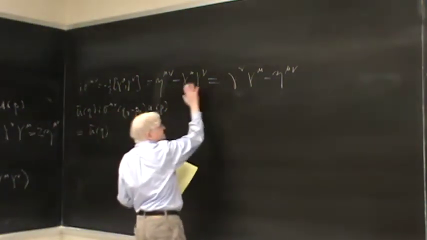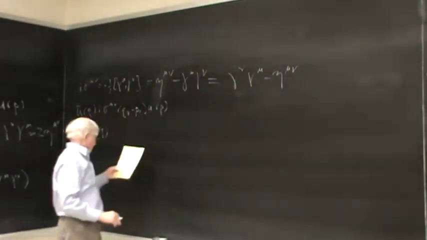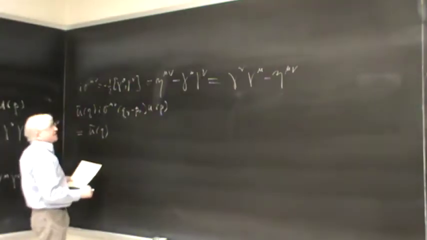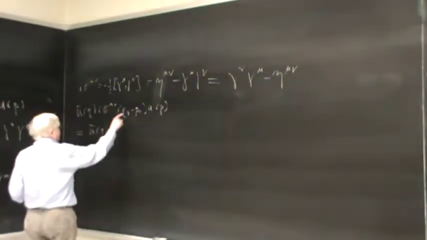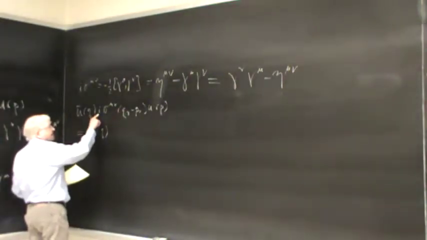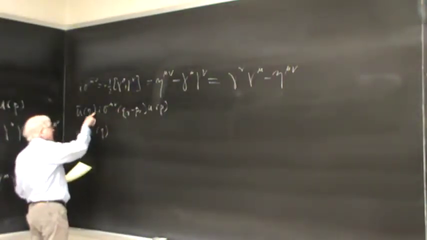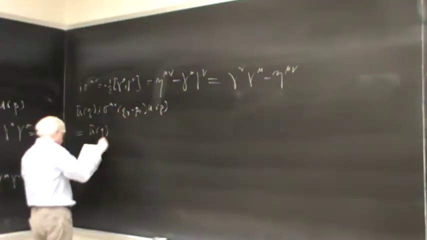The first time we're going to write it this way because we want the q_ν to couple with the γ_ν, and we want that next to the ū.